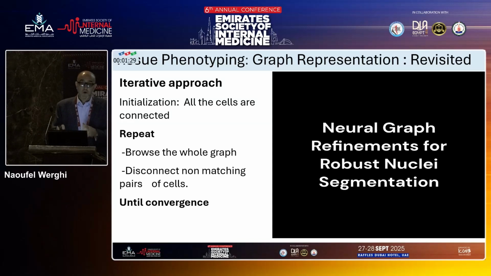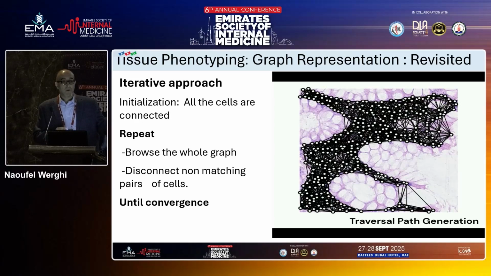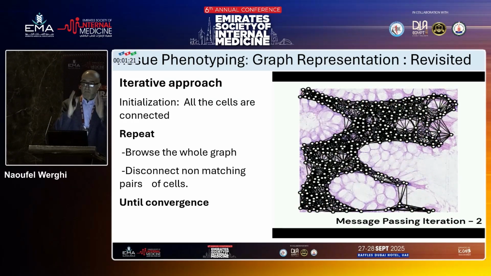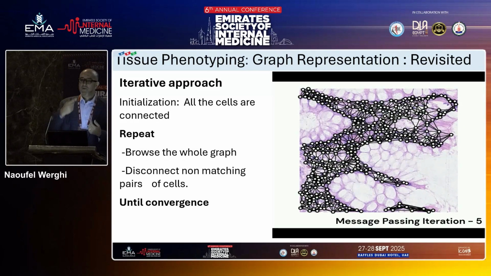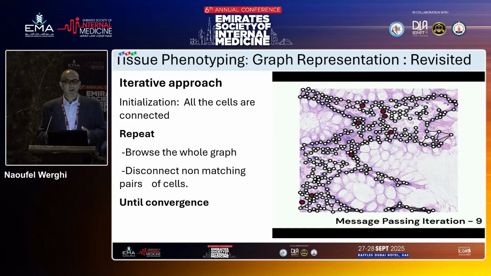Finally, we go back to the initial representation, the graph. All the previous methods are one pass: we have the image, we pass it into the model, and we get our classification. But as you know, as humans we review our assessments. We go through many iterations to enhance and revise our assessment. We said we can do the same thing.